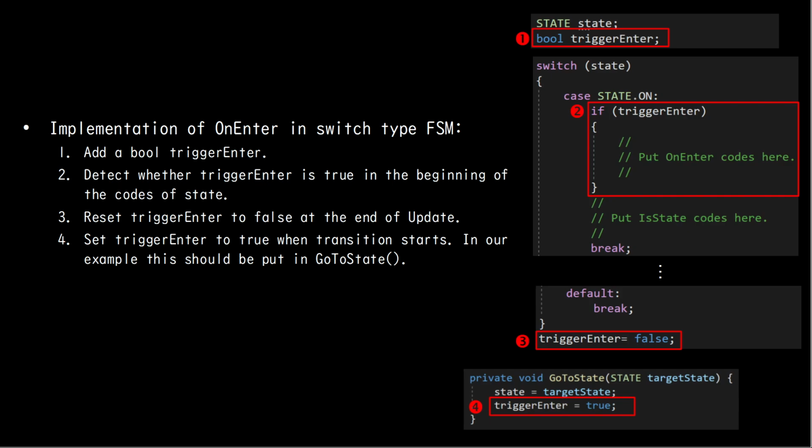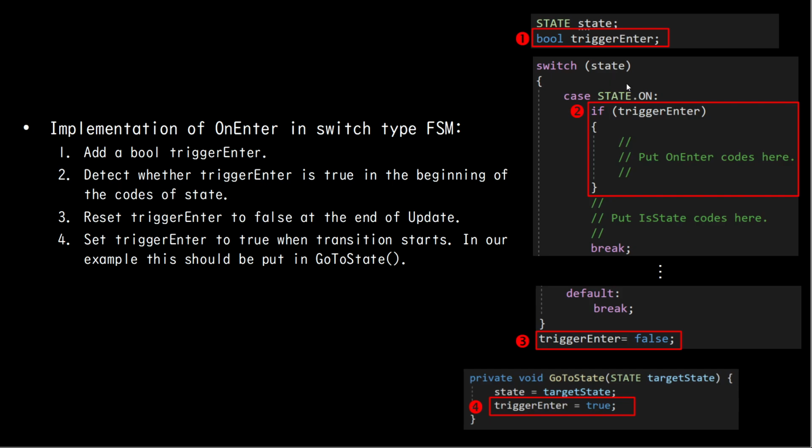By simply using a little flag, I can know the status of some very important information. So in this design, I'm going to declare a boolean flag, and the name of the flag is trigger enter. The term flag comes from the electrical engineering field. If you are familiar with embedded systems, the term flag is used very often. So we just borrow the idea from electrical engineering, from embedded system design, to this game design.